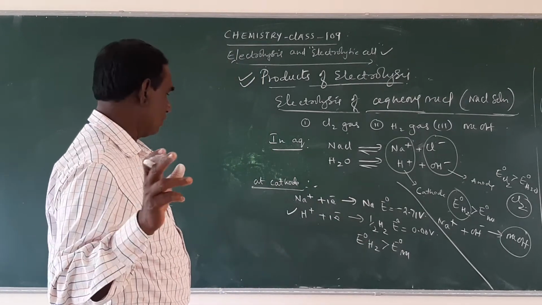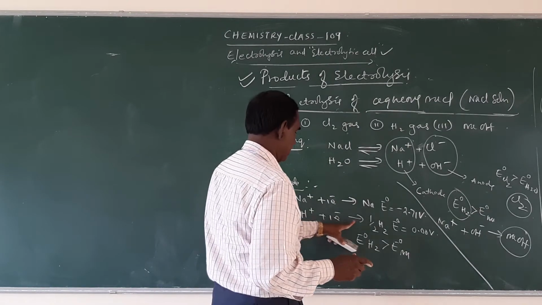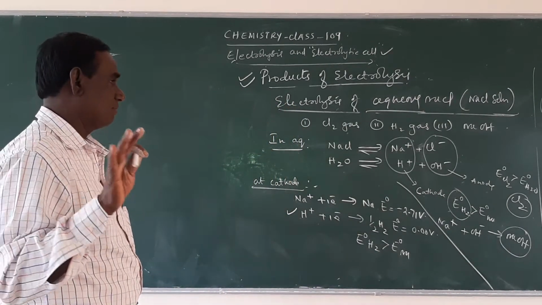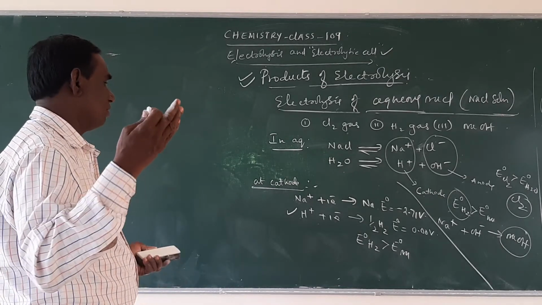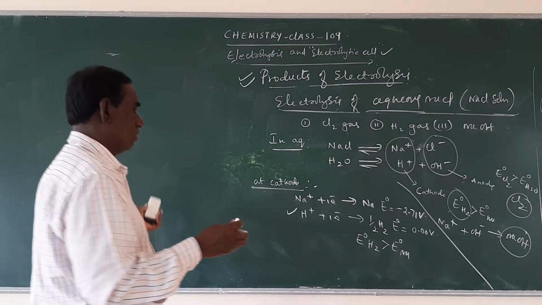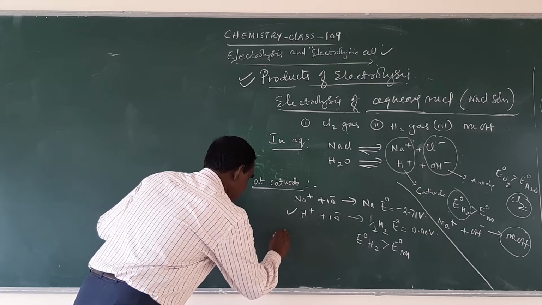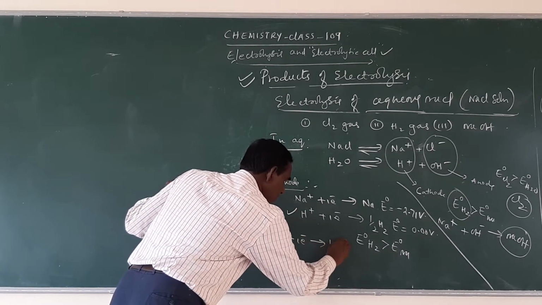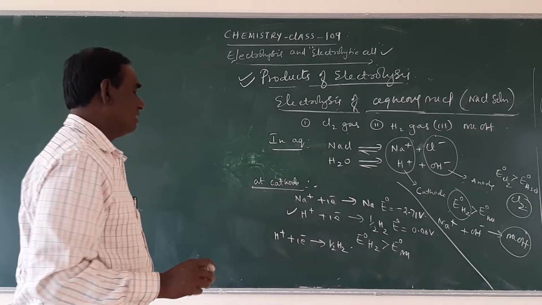The net reaction at the cathode: H+ plus 1 electron gives half H2. This is the first reaction.